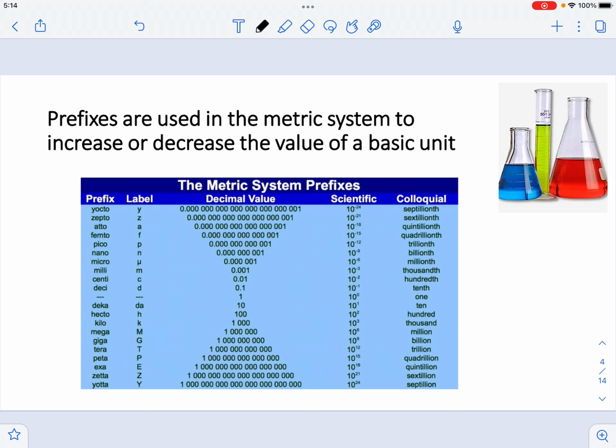In the table on this slide, we can see prefixes for making the number smaller, and they go from deci to yocto. All of these that you see here, deci, centi, milli, micro, nano, pico, femto, atto, zepto, and yocto, make the measurement small.